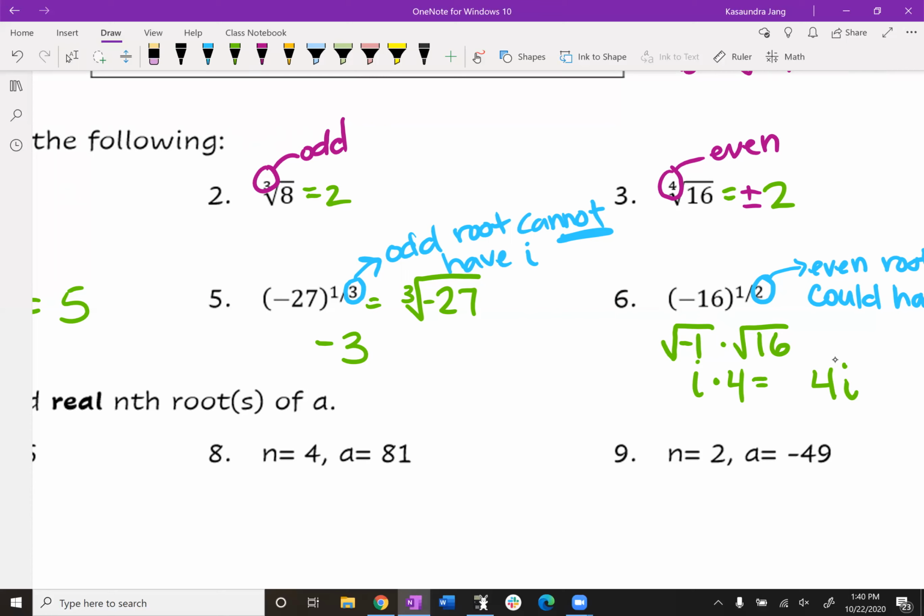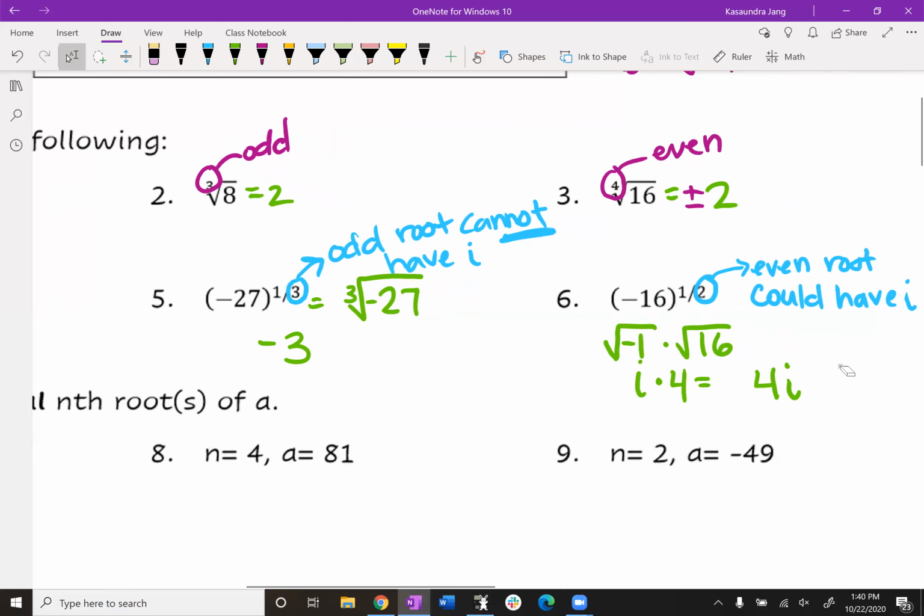So number 6 has positive, negative 4i. Number 6, yes, this is an even, so yes, positive or negative 4i. Yeah. So again, I'm going to put this in purple. I don't have it in green, but yes, if they didn't write the root, it's because it's a square root and 2 is even.